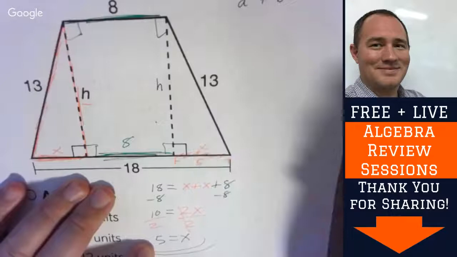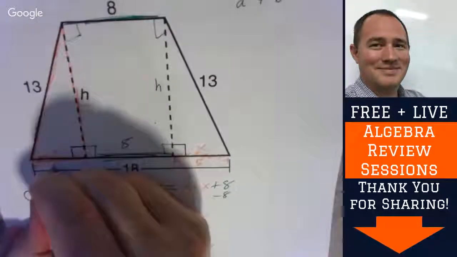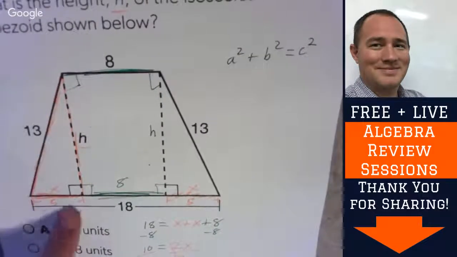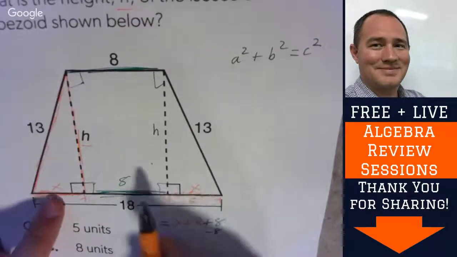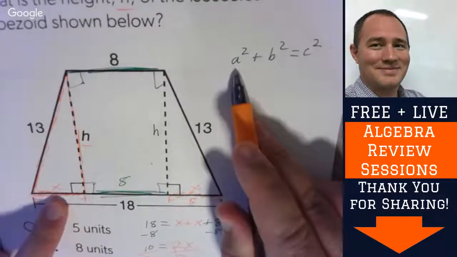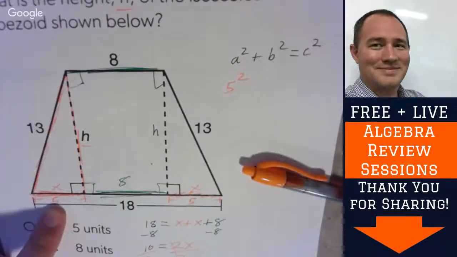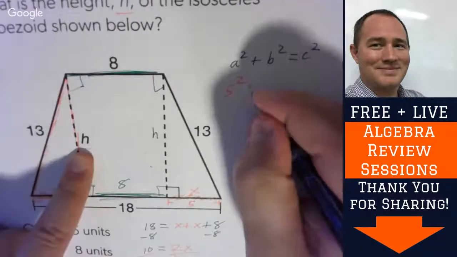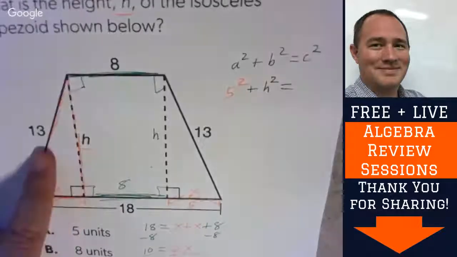From here to here. This distance here is also 5. And now we have enough information because now we have two sides of this orange triangle. Okay, so let's replace a with x, which we found to be 5. The other leg is h, so I'm replacing b with h, and the hypotenuse is 13.